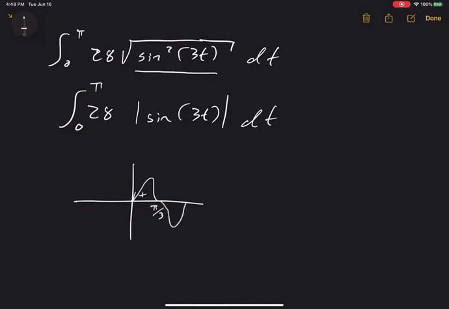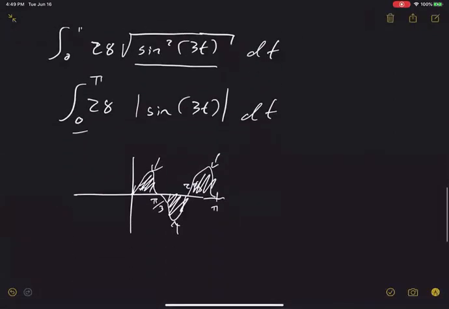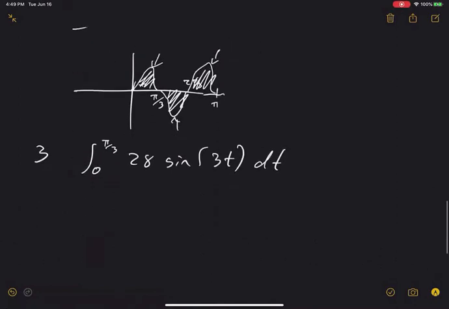And then 2 pi over 3, and then this would be pi. So I want to find this total area. But these pieces are all the same size. So really, instead of doing the integral from 0 to pi of the absolute value, I can do 0 to pi over 3, and then multiply that by 3. And then just drop the absolute value.